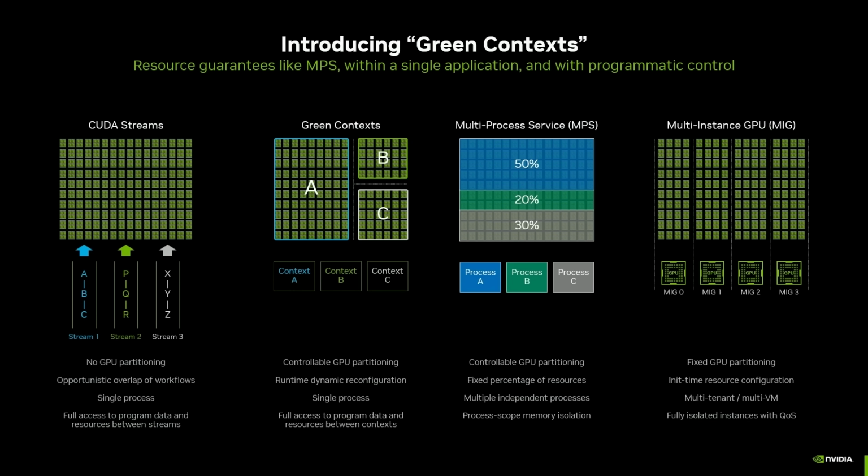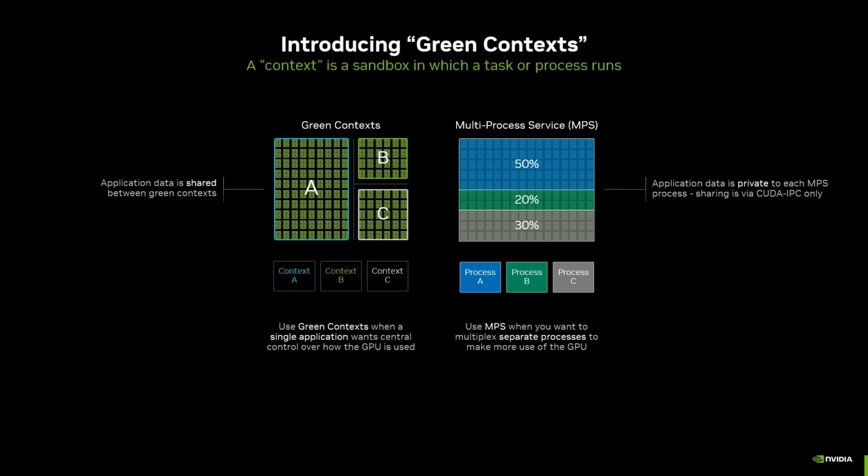It fits neatly in between with that ability, if you like, to be a single application, a single controller, like that Dynamo controller was, orchestrating my program and dynamically assigning resources to what I need, as against having separate processes, which is more about isolating different things and running them together on the GPU.